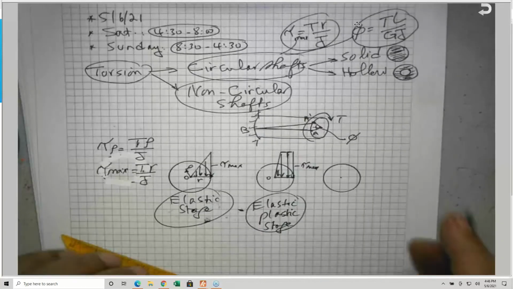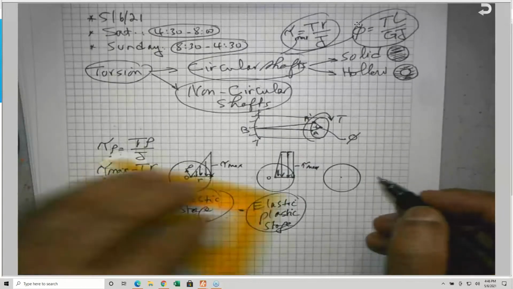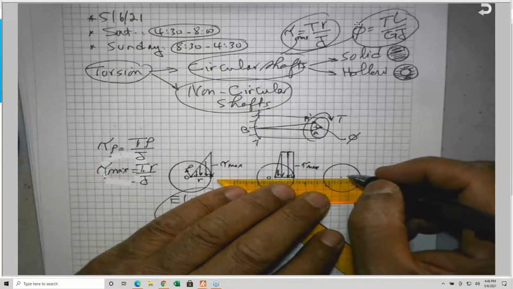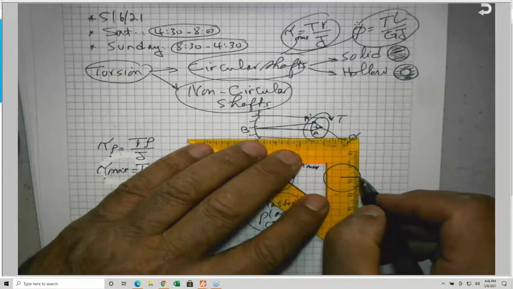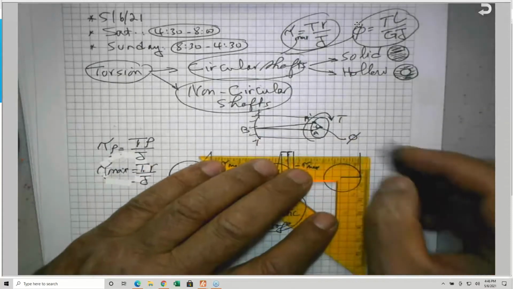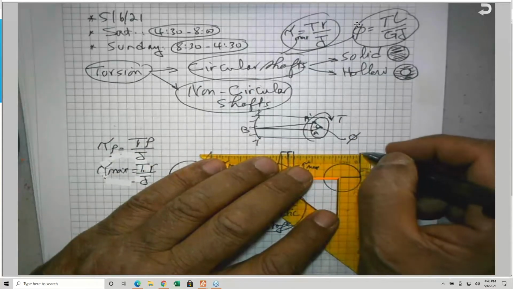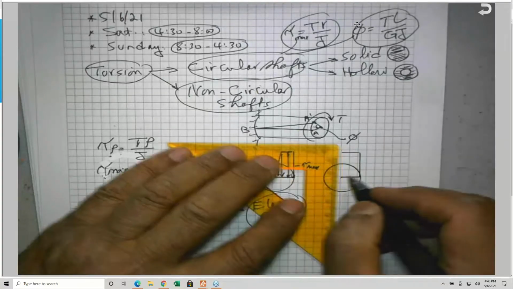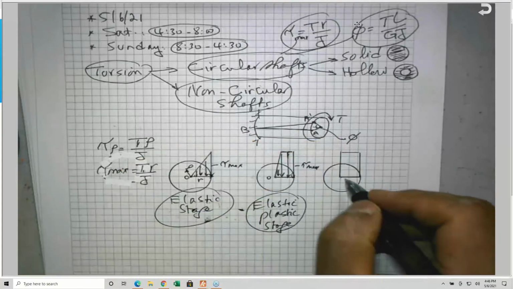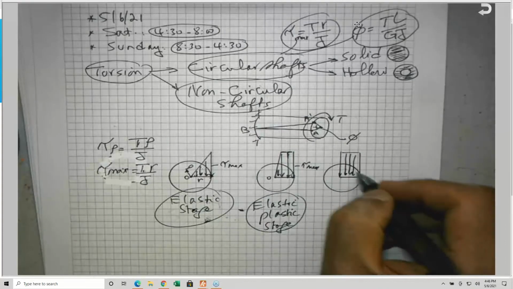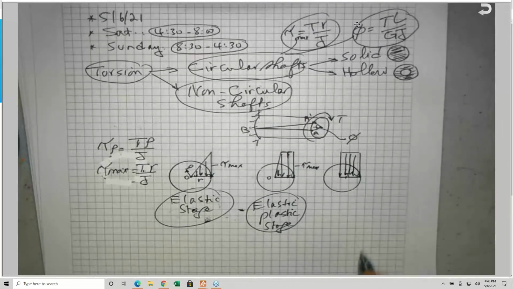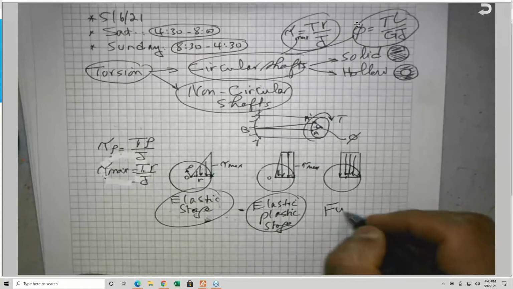And finally, when the shaft reaches the entire plastic stage, you'll find all the fibers will be carrying the same amount of stress, which is like that. All the fibers. This is the fully plastic, and after that the failure.